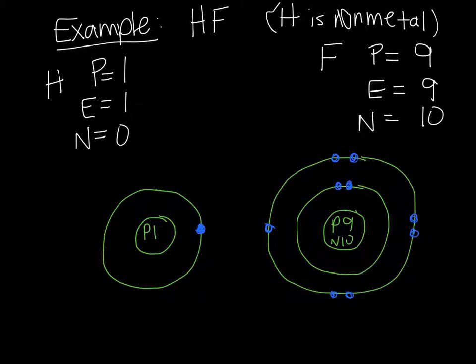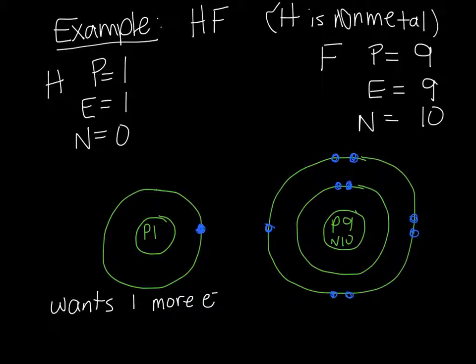In order to have full energy levels, how many electrons would hydrogen need in order to have that last ring or that last shell be full? Hydrogen wants 1 more electron because its outer shell is the first shell.